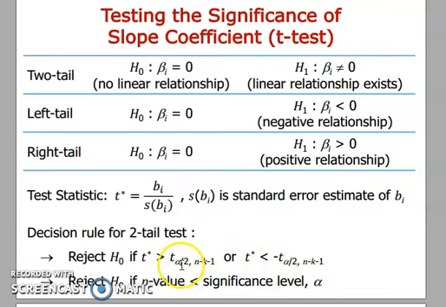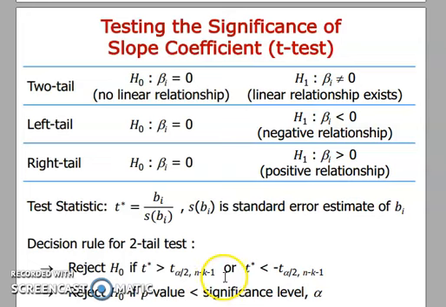If you look at the subscript here, it means we need to find the critical value from the t table at alpha divided by 2, because it is a two-tailed test, and the degrees of freedom is n minus k minus 1. Using the example, n is 23. And what is k? k is the number of regressors.